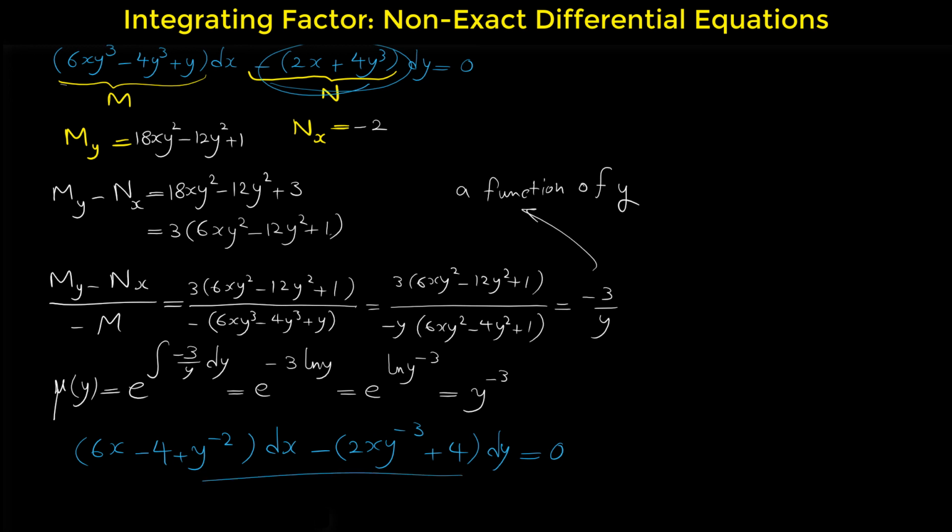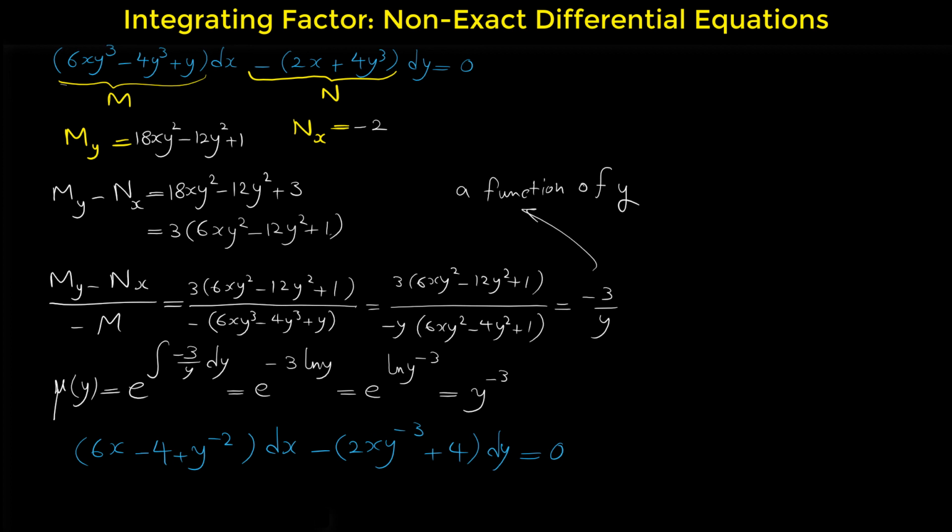For solving this exact differential equation, here I prefer to use only the shortcut method. If you want, you can solve this exact differential equation with the usual method. But here, to make the video shorter, I prefer to only use the shortcut method.